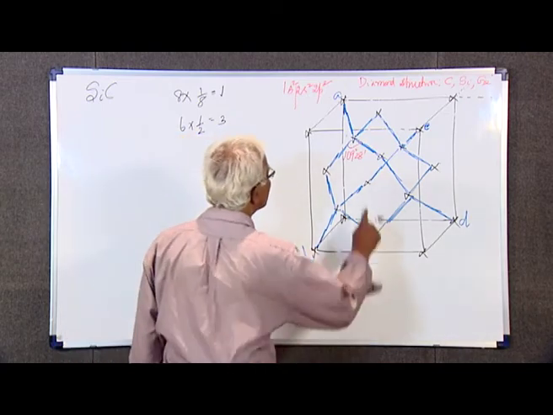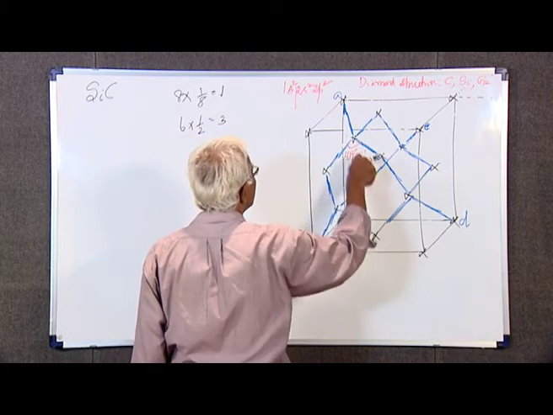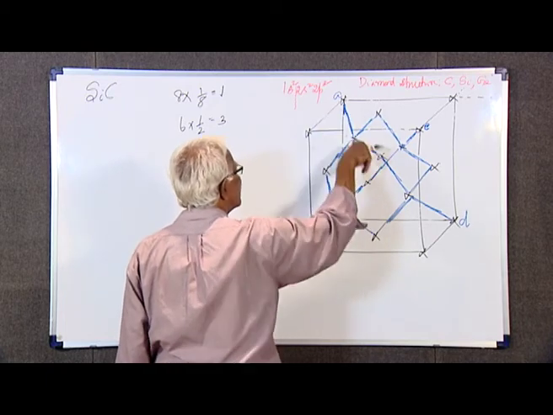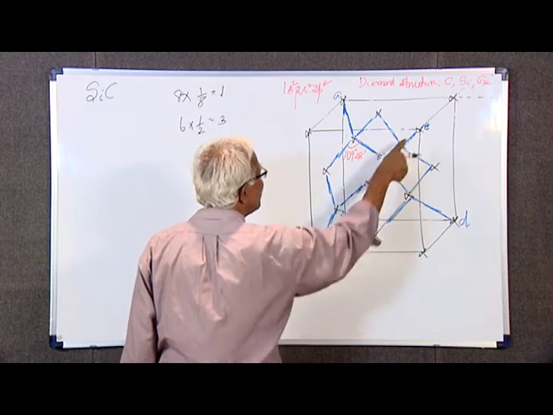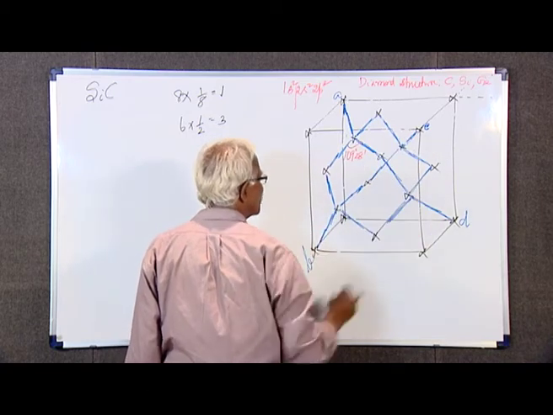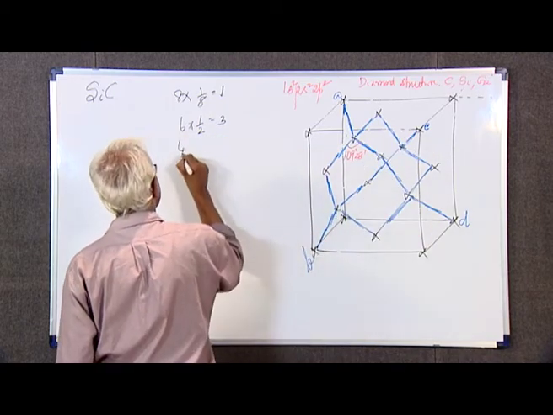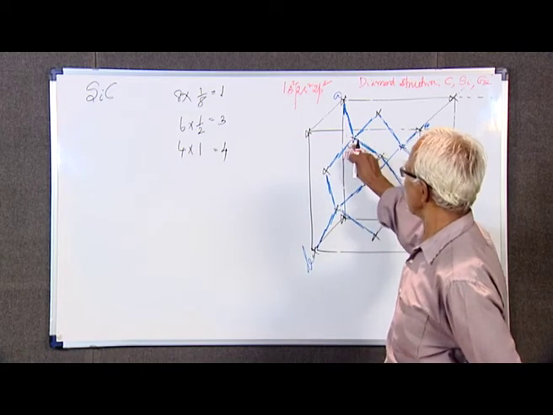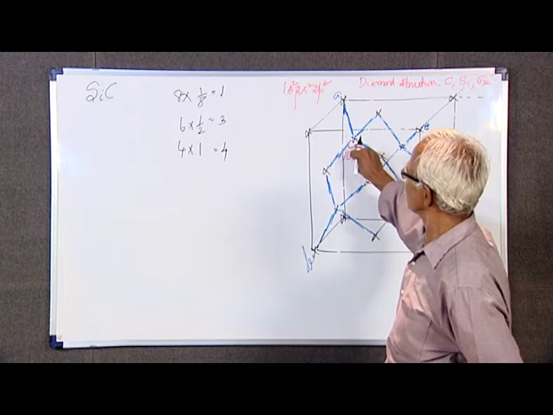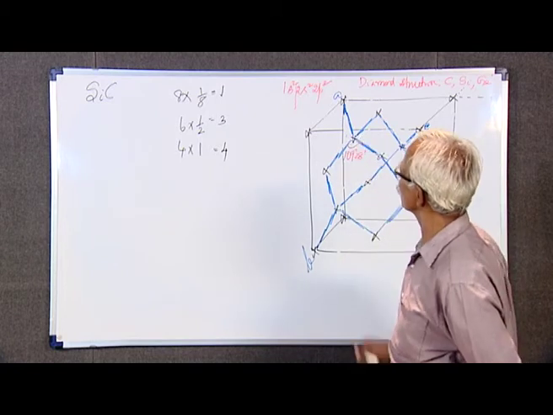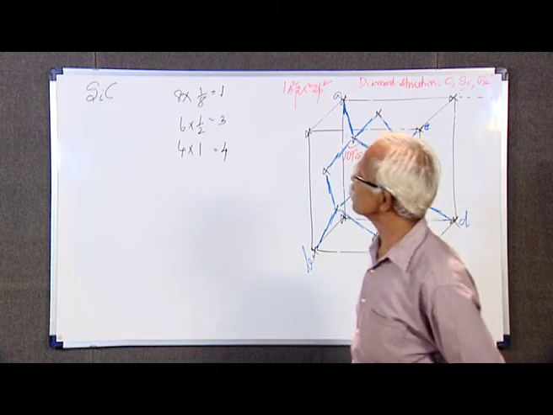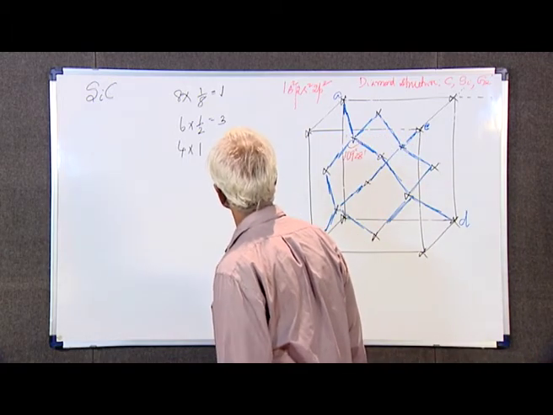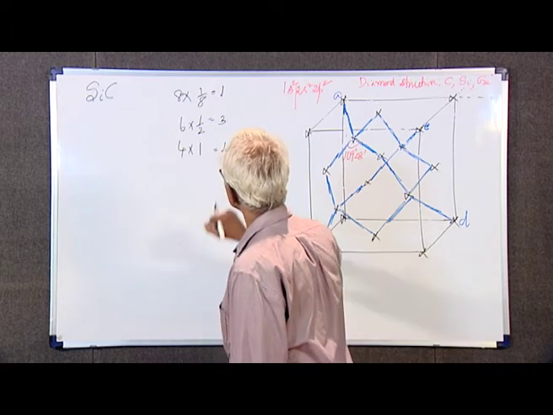And how many are there? One oriented along A, another along B, a third along C, a fourth along D, 4. So, these 4 atoms at the 1/4, 1/4, 1/4 positions exclusively belong to the cube. They remain totally unshared. So, you have 4 into 1 equal to 4.